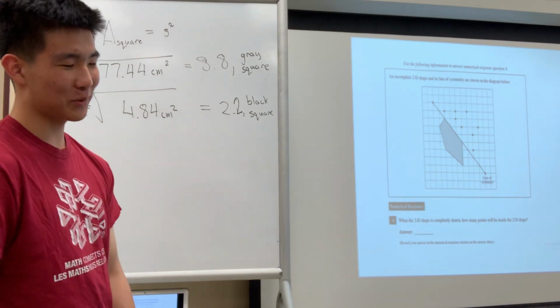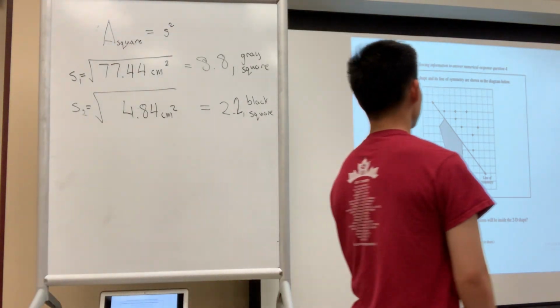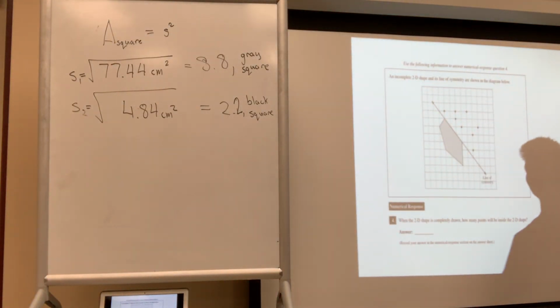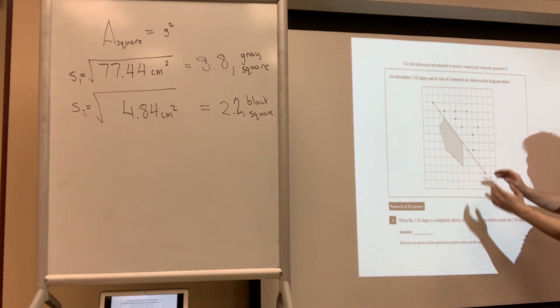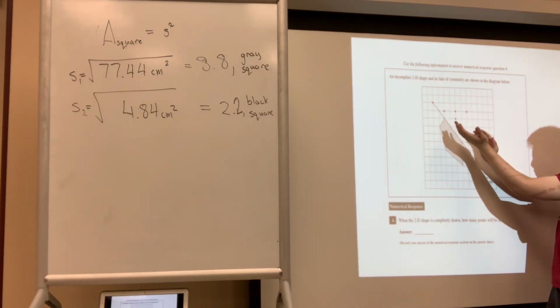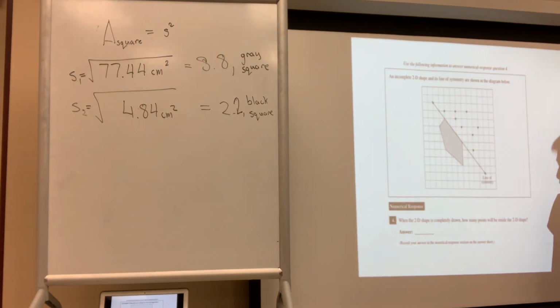But basically what the question is asking is, you have an incomplete shape, and you want to find what the shape looks like after you reflect it about this line of symmetry. Then you want to find how many dots are actually within this shape after you make that reflection.